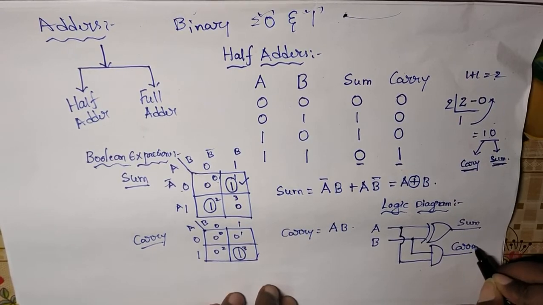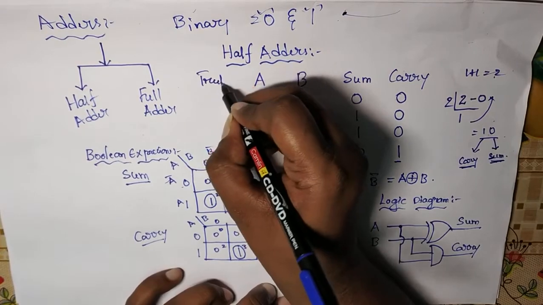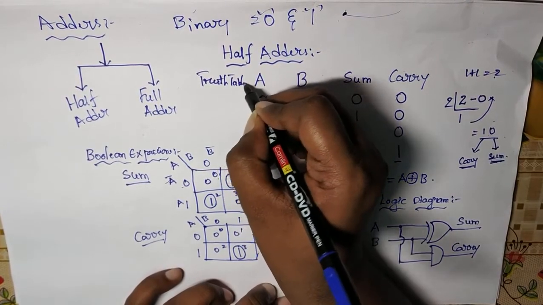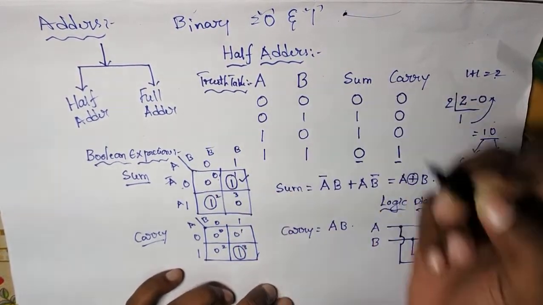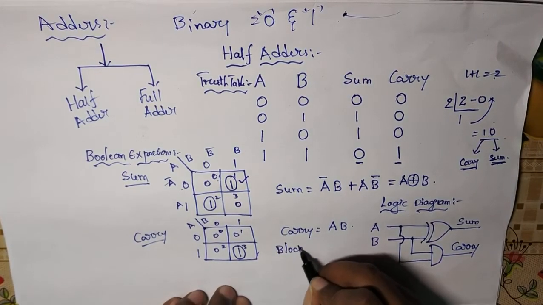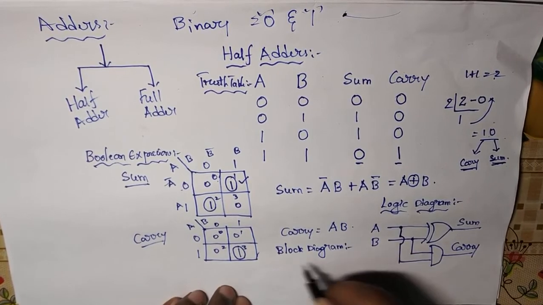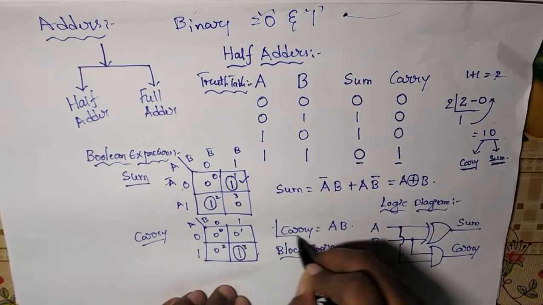This is called carry, and I can define it with a truth table here. Similarly, we can define the block diagram of a half adder in this manner, having two inputs and two outputs. This is my carry expression.